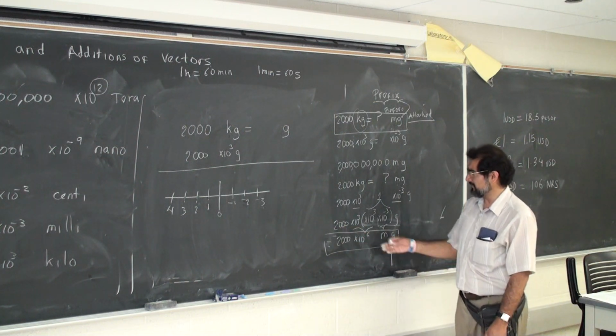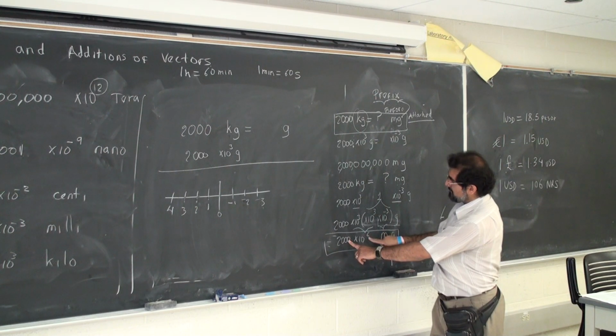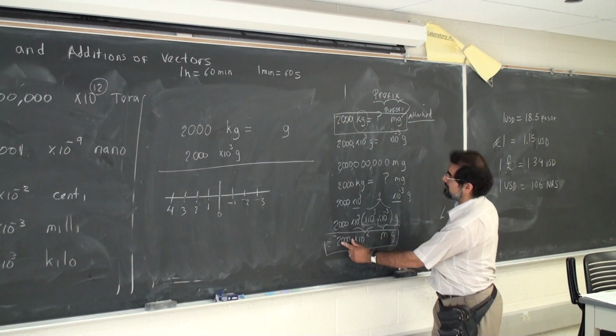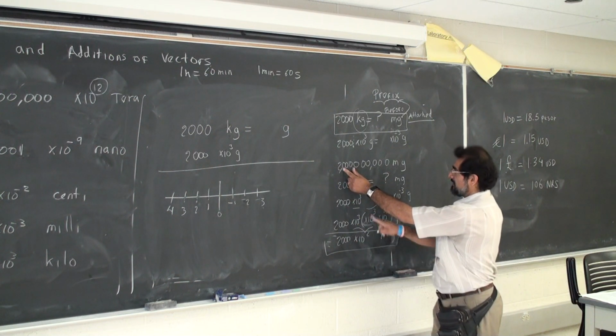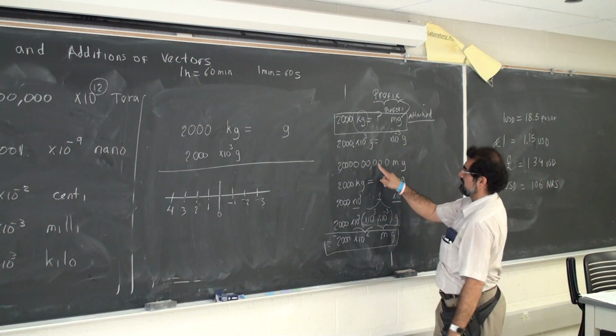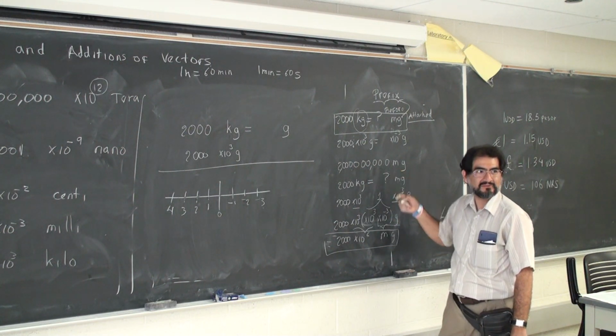How is it possible for this number to be exactly the same? Remember, that is telling me how many zeros I have after the point. You can see I have 3 zeros here, but later I have to add 6 zeros. So 1, 2, 3, 4, 5, 6. This is exactly the same.